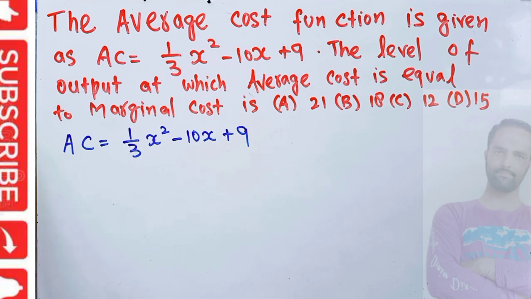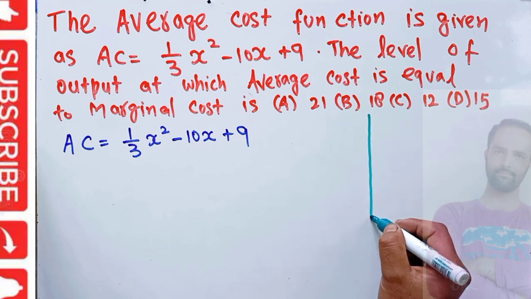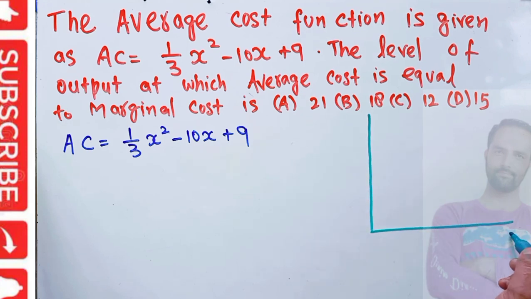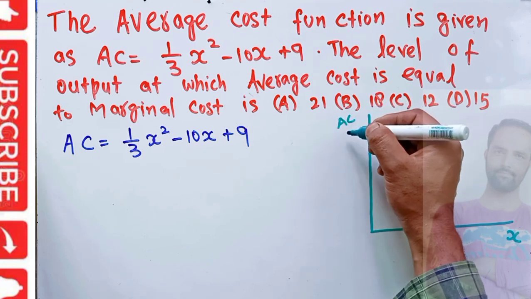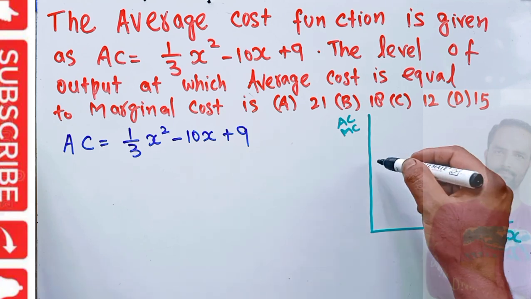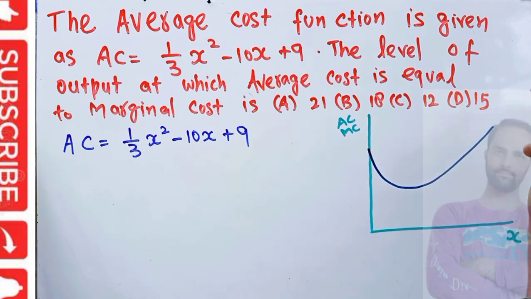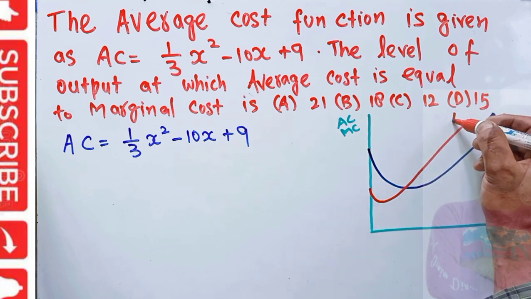If I draw the graph, and you know it pretty well, with output on the horizontal axis and average cost, marginal cost and so on on the vertical axis, our average cost function looks like this. And we have a marginal cost function, let us say this is the marginal cost function.